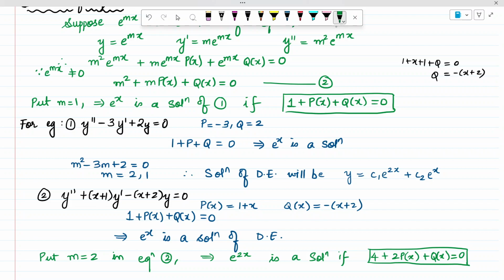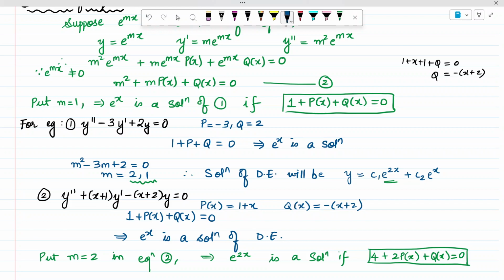Now the example number 1 that we did was chosen for a particular reason. In it, e raised to 1x and e raised to 2x are both solutions, yes or no? Yes, ma'am. So let us check whether that equation satisfies this condition also.